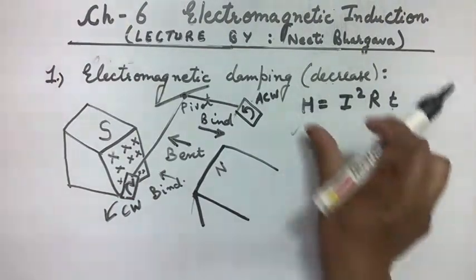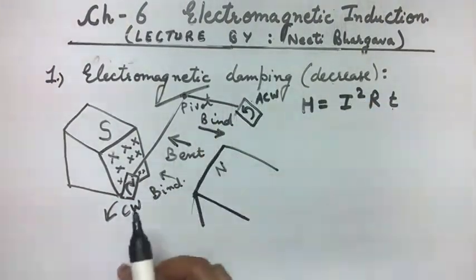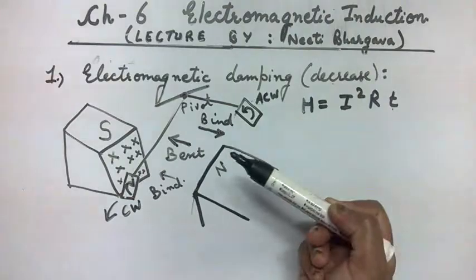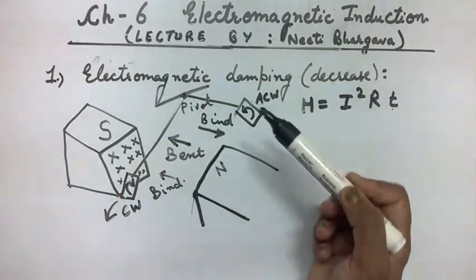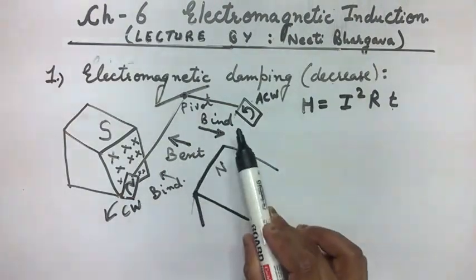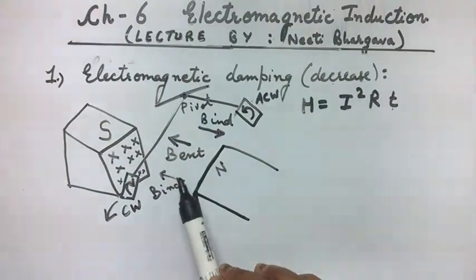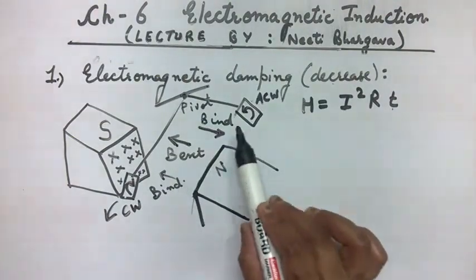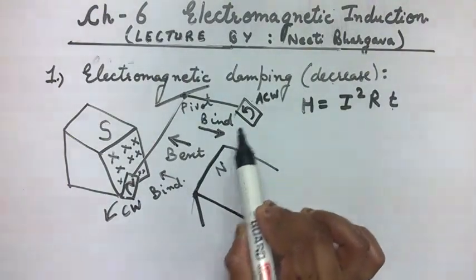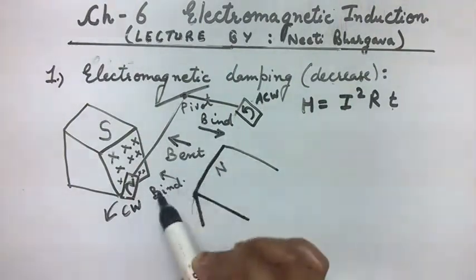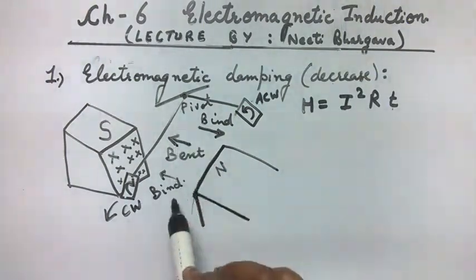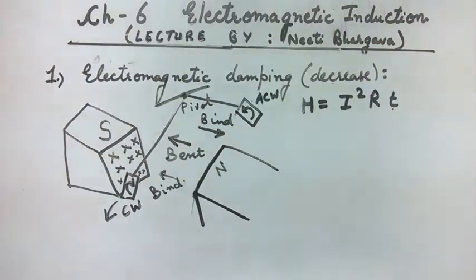Because of this heat, after some time the whole mechanical energy will be converted into heat or thermal energy. Therefore, this metallic disc will stop oscillating and will again come to rest in its initial position.